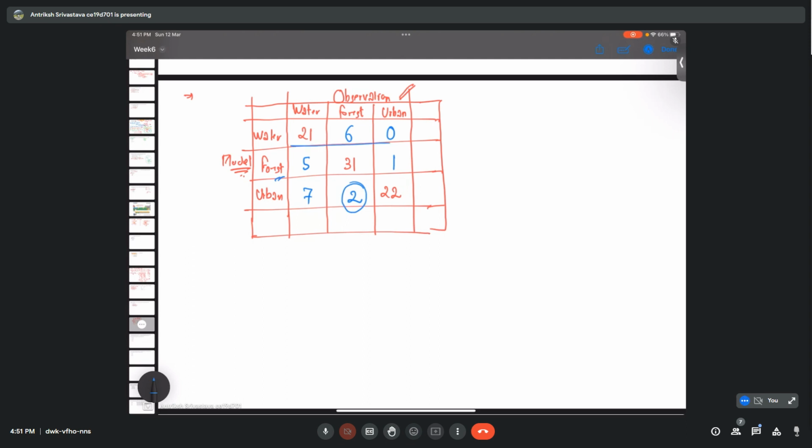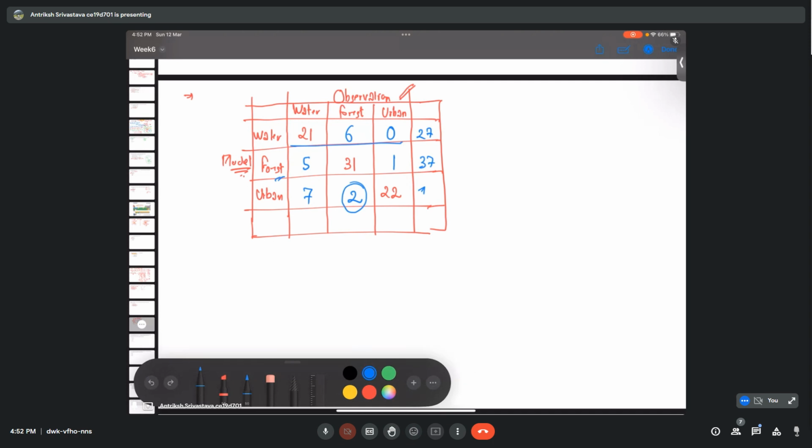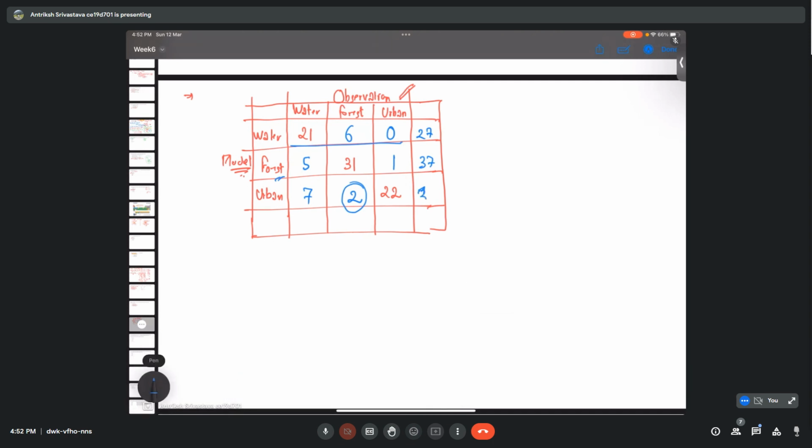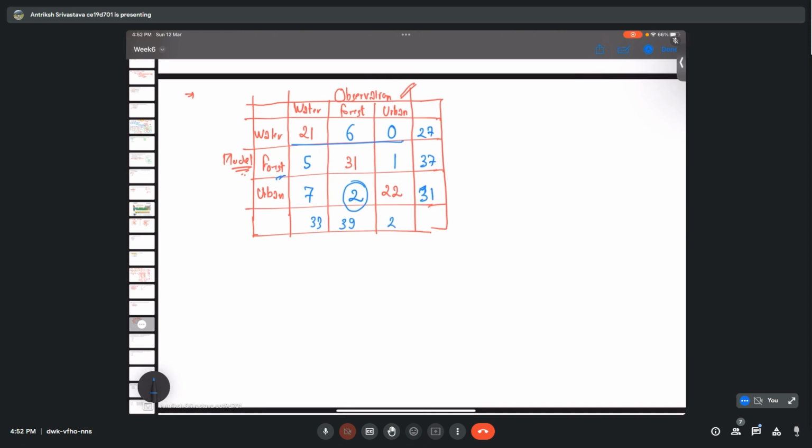So the total of these is 37, I guess, and then 31, 33, 39, 23. And the total of the totals, 95. So 95 total tests were done, total samples.